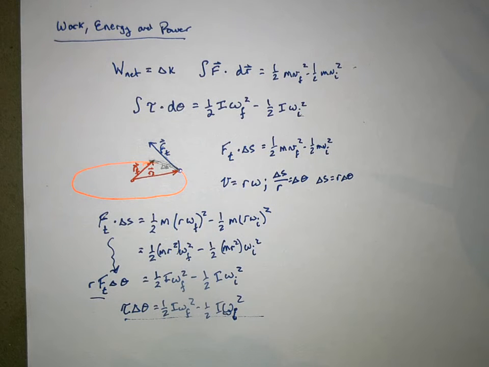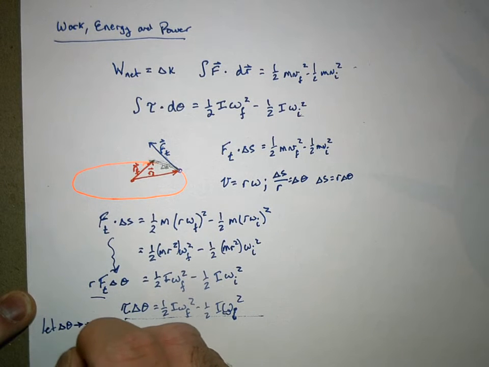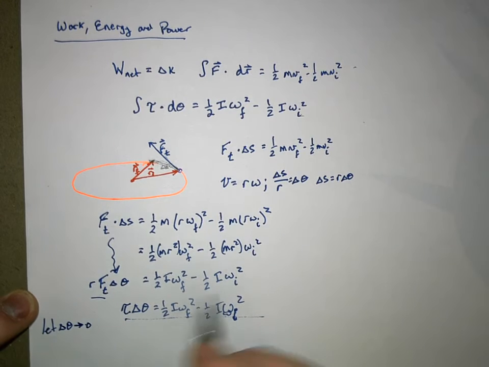And that's without just saying analogous variables, without just saying, well, hey, it works. But if at this point we let delta theta approach 0, then we can take the limit of it, and you've seen where this happens before.